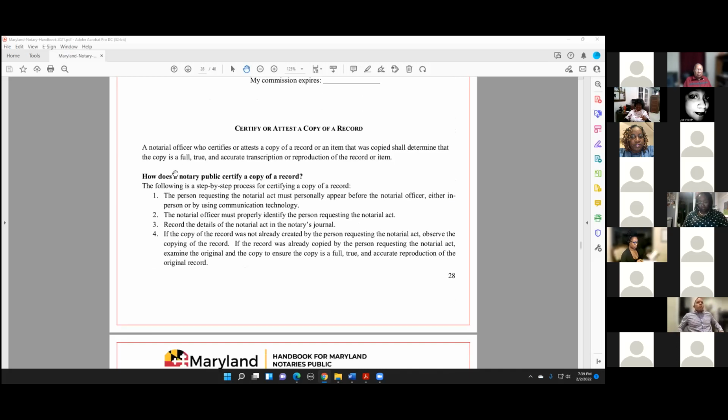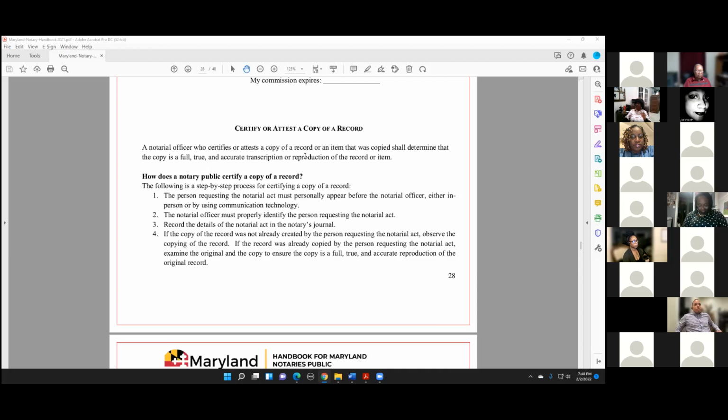So it says, a notarial officer who certifies or attests a copy of a record or any item that was copied. Okay, I want y'all to pay attention to that. We went over this last week, but I want to make sure you pay attention. Let me read that one more time. A notarial officer who certifies or attests a copy of a record, okay?